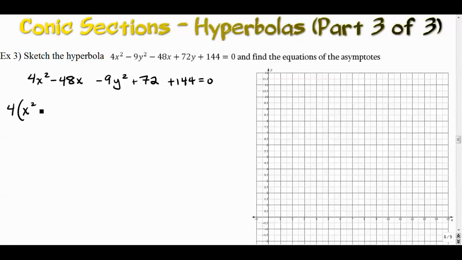We get 4 times x squared minus 12x, leave a space, minus 9 times y squared minus 8y, leave a space, plus 144, leave a couple spaces, equals 0.